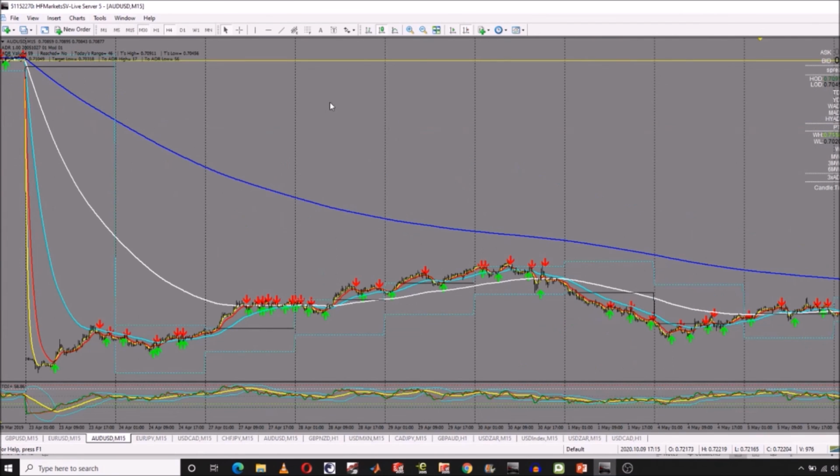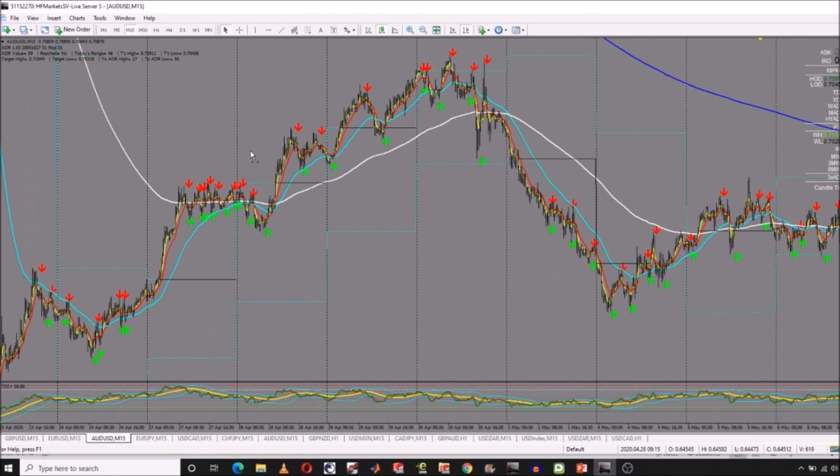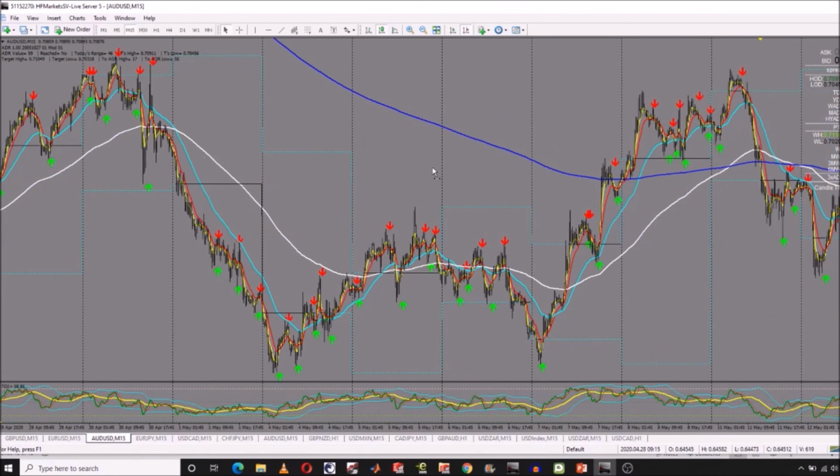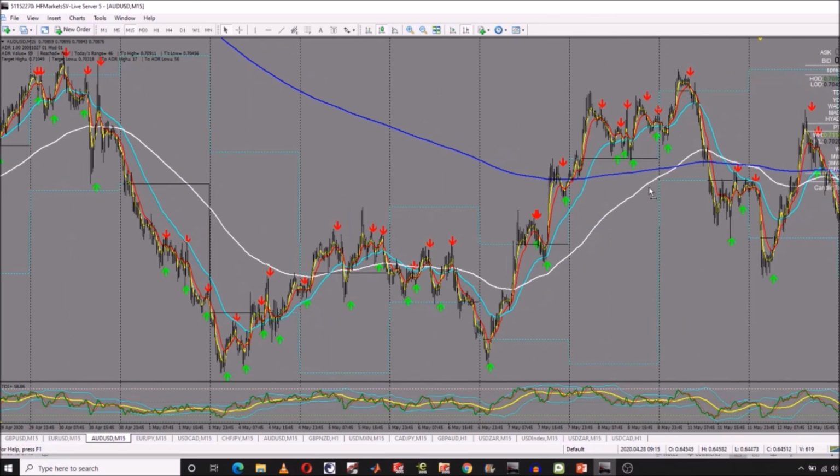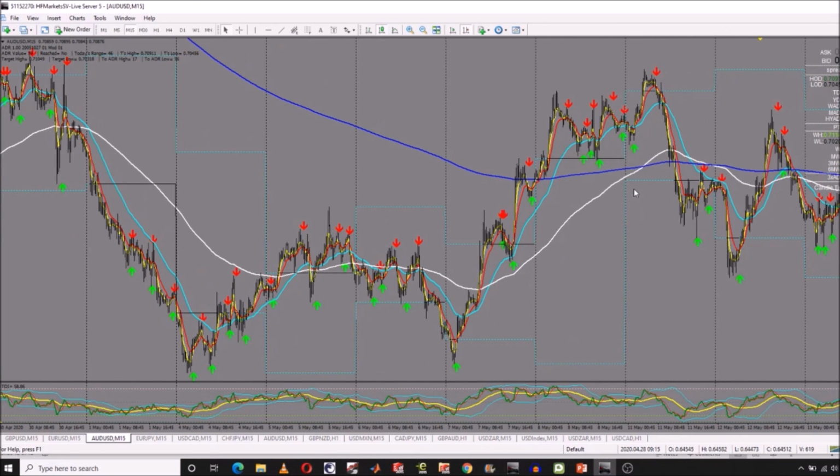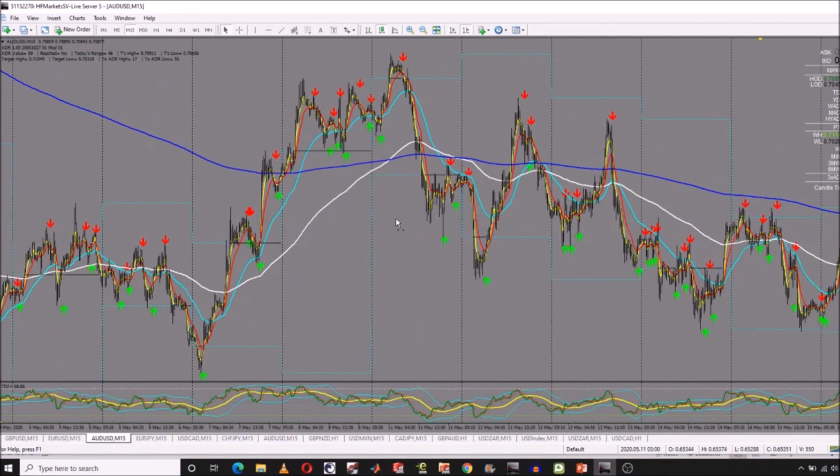The next thing that we will talk about on this template will be to show you how to draw levels and how to determine the reversals, and the later lessons are going to be very, very fundamental, and you need to take them very, very seriously.